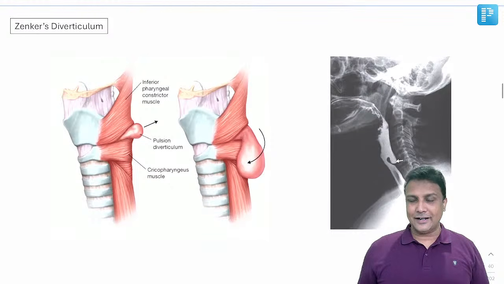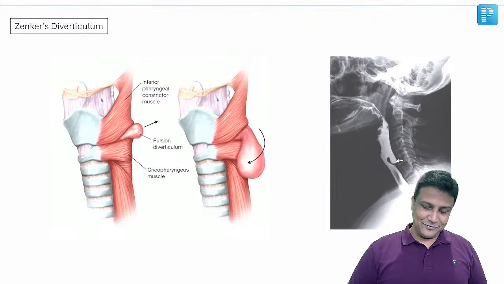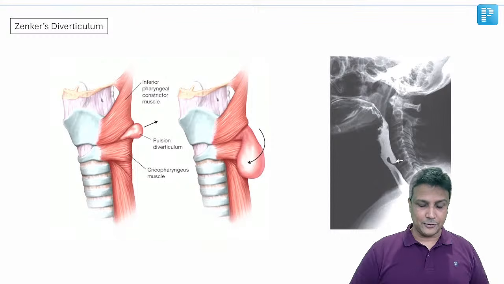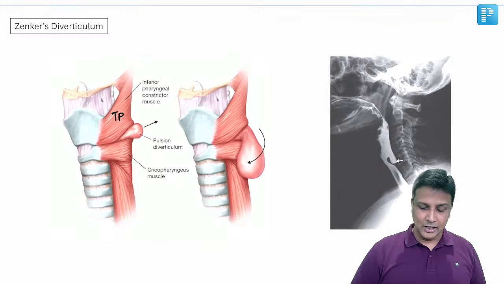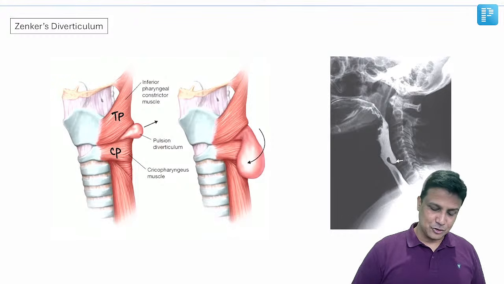Now, how can we forget the inferior constrictor muscle? The inferior constrictor muscle is in turn made up of 2 muscles: from the thyroid cartilage to the pharyngeal raphe, the thyropharyngeus muscle; from the cricoid cartilage to the pharyngeal raphe, the cricopharyngeus muscle. These 2 muscles together form your inferior constrictor.